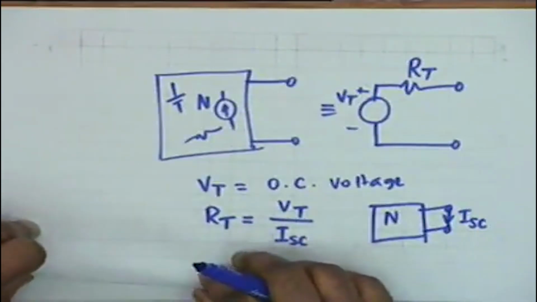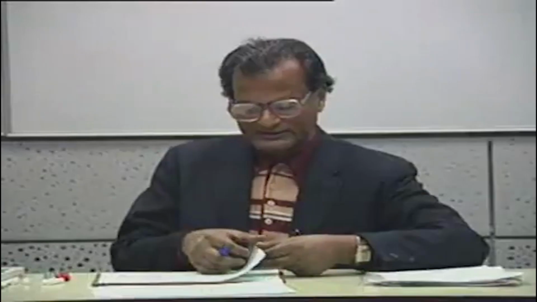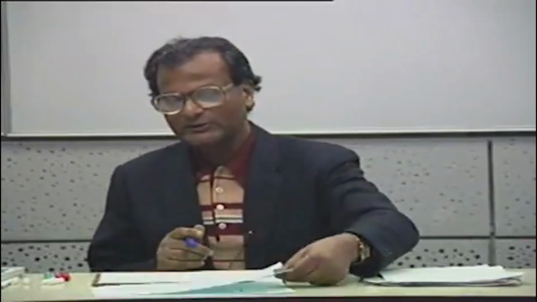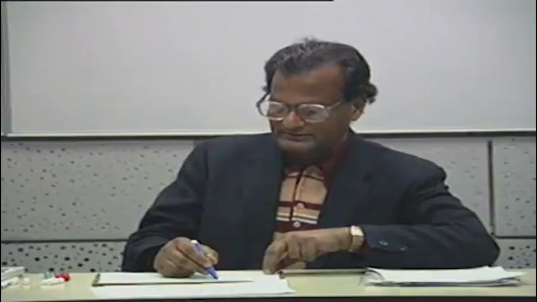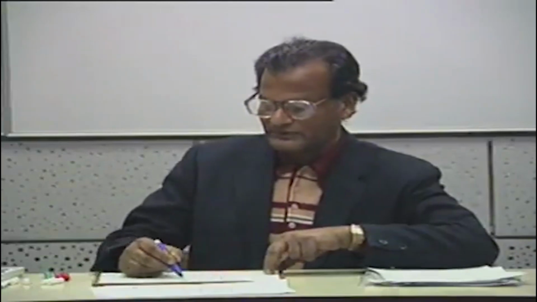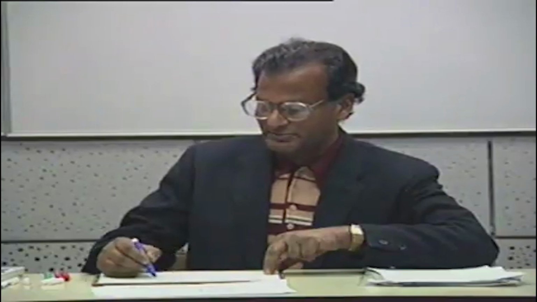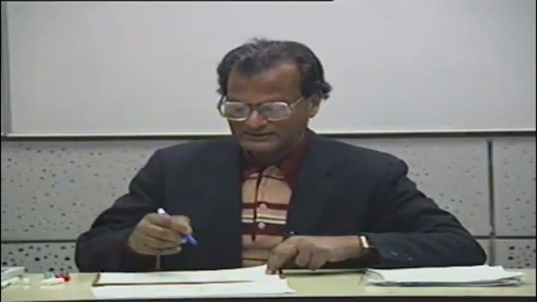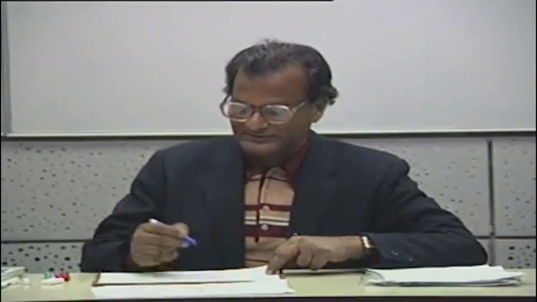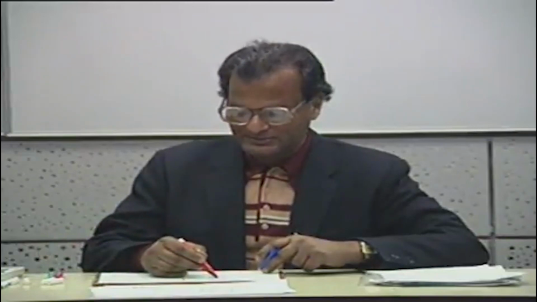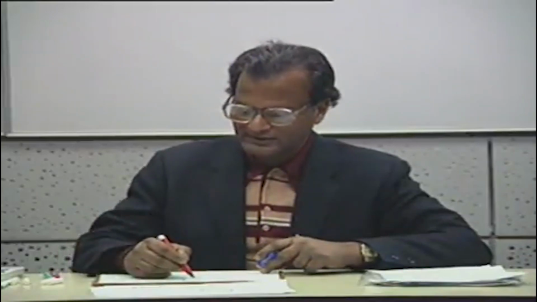The other interpretation is that Rt is the resistance looking back into N. Rt is the resistance measured across this one port with the voltage sources short circuited, that is, voltage sources replaced by a short circuit, and current sources replaced by an open circuit.